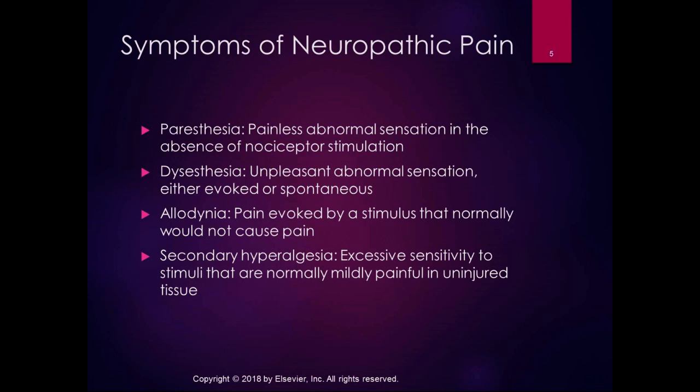So in Tests and Measures Lab, we did the sharp, dull discrimination test. So that sharp point might feel mildly painful, like ow, but it's excessive sensitivity. So in primary hyperalgesia, the nerves are sensitized. You might feel things that you wouldn't have felt before. In secondary hyperalgesia, it's like it's turned up to 11. You have excessive sensitivity to stimuli that are normally mildly painful.